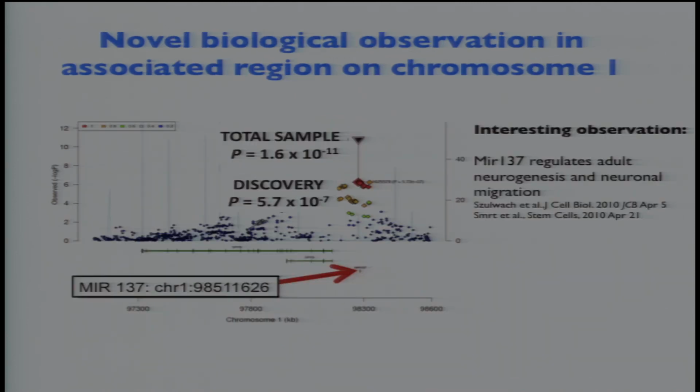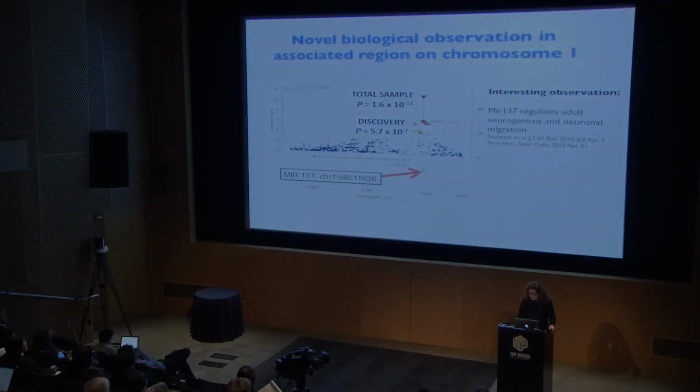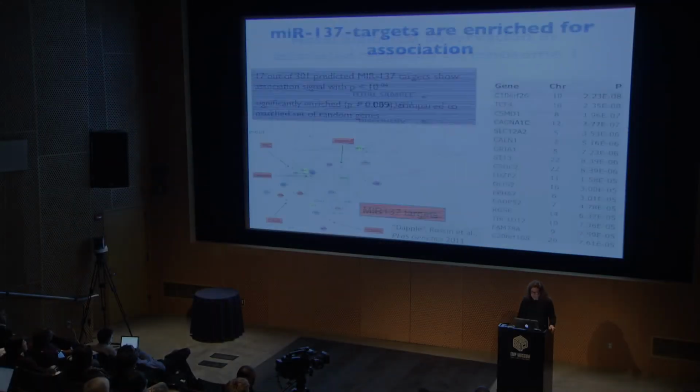We've generated a totally novel hypothesis here with this observation that the best signal that we now have, which is an extraordinarily large signal in a psychiatric genetic study, leads us to believe that a microRNA, which is miR-137, is involved in the pathology.